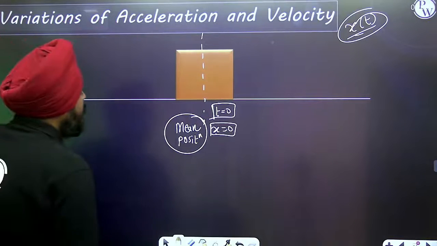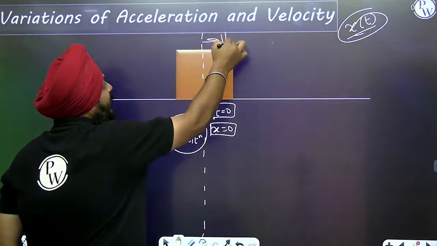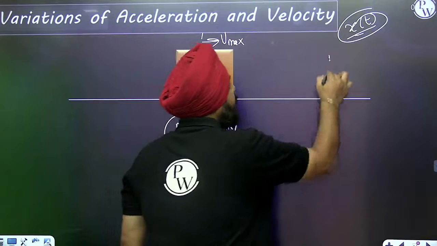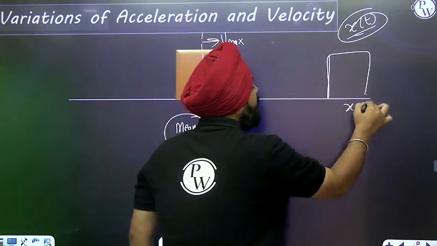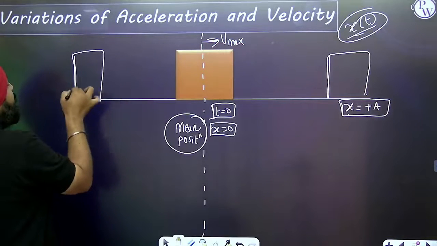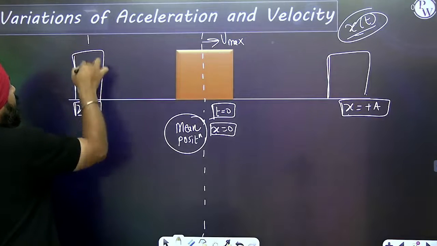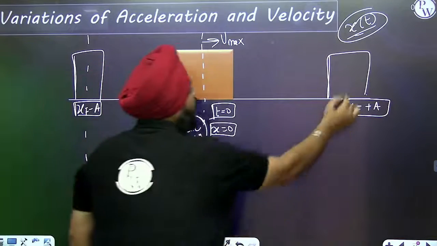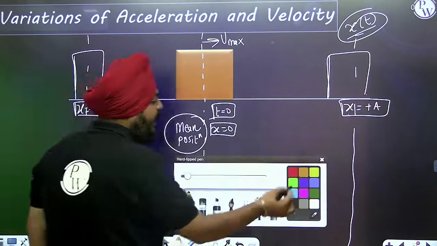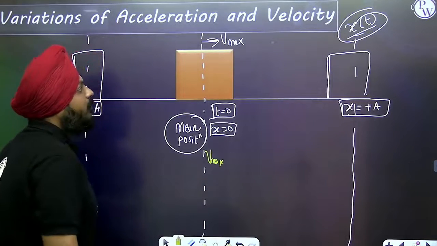Now see here. If I'm talking about the mean position, here velocity is maximum. This is the max displacement, that is amplitude. Here is the max displacement on the opposite side. What happens here? The particle starts; velocity is maximum at the mean position.